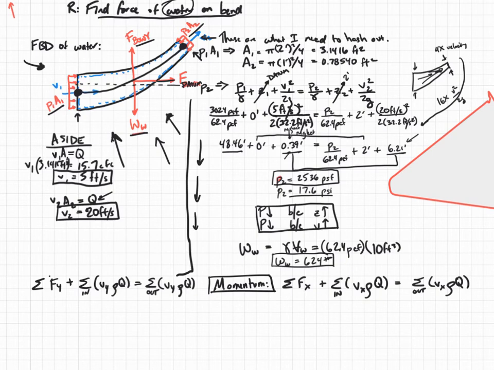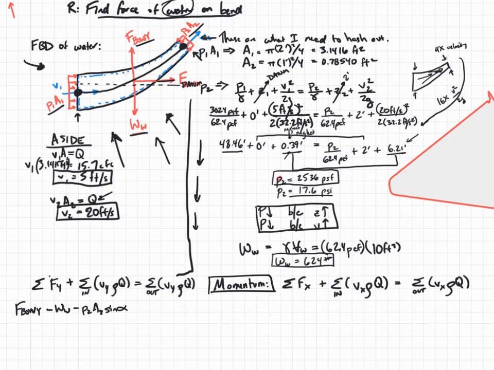The P1A1 does not act in the y direction. F bend on water is positive, minus the weight of the water, minus P2A2 times the sine of alpha, and no other y forces.